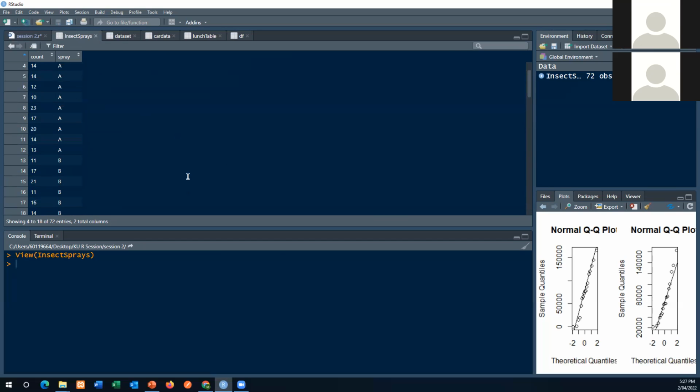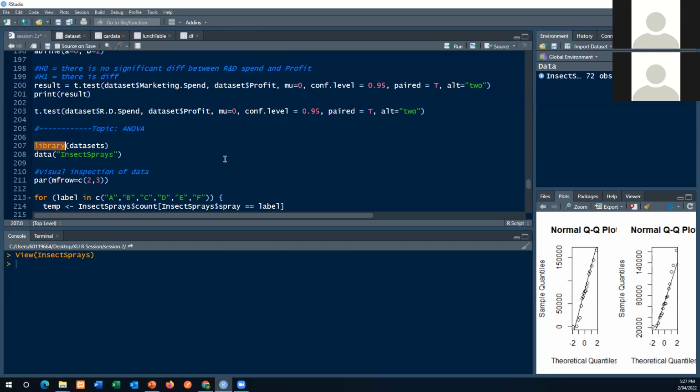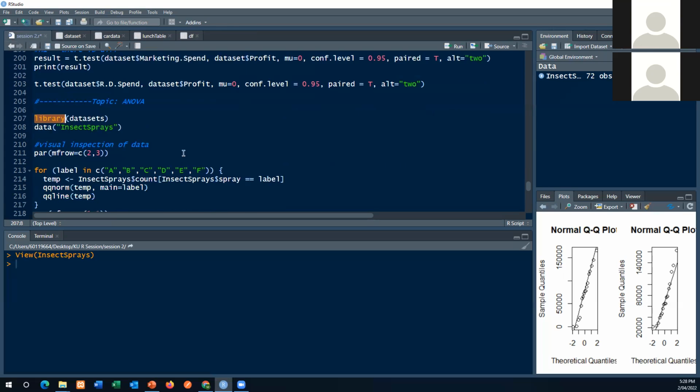Now we want to check which insecticide is better in terms of this data. So let's check visually. First, we plot this data with a QQ plot to see if the data is normal or not.